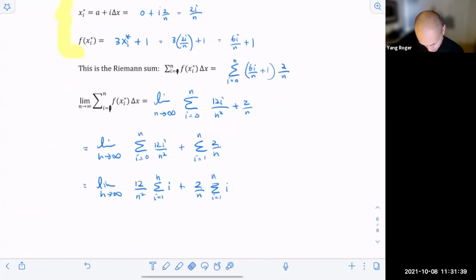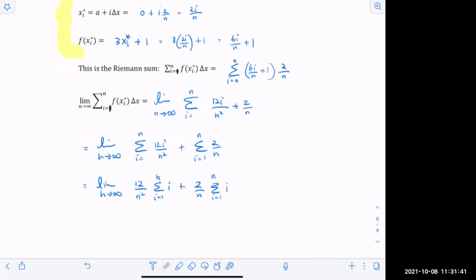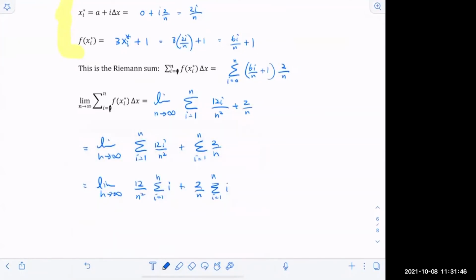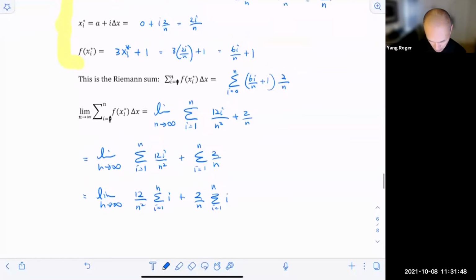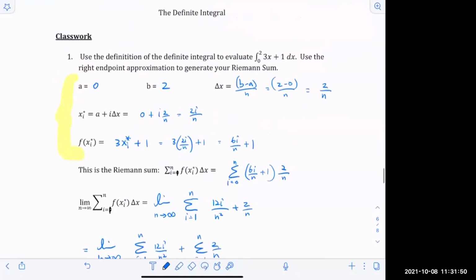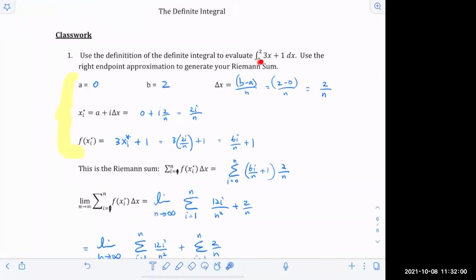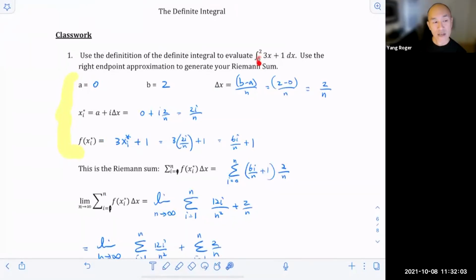Thank you. Professor, yes. Would that also change the value of a up top? Or would a still be 0? A is still 0 because a is tied to this lower limit here. Okay, thank you.